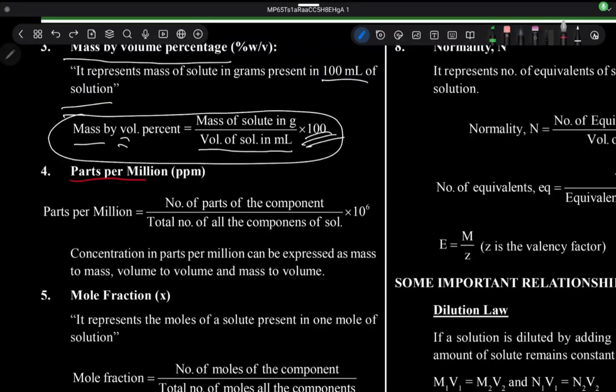Next concentration term is parts per million, which is ppm. This unit is used when a solute is present in very tiny amounts, such as pollutants in air or minerals in water.